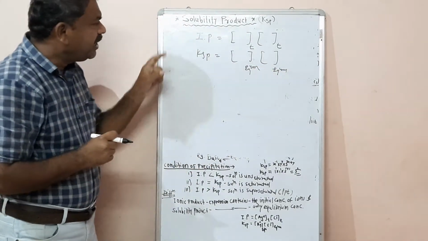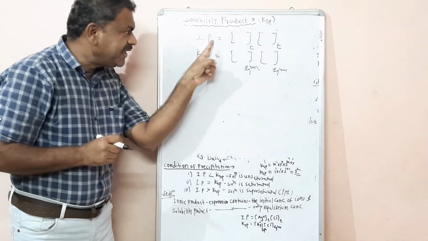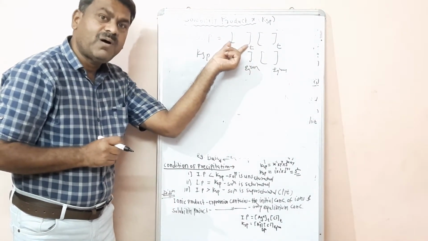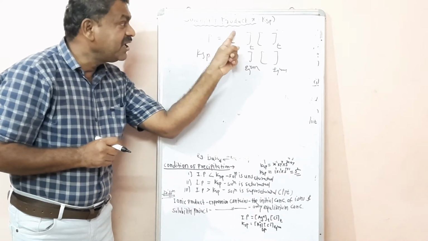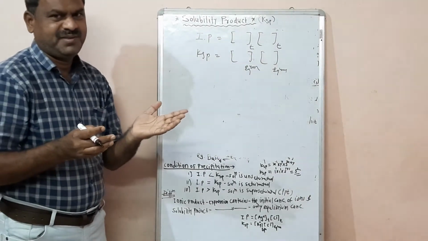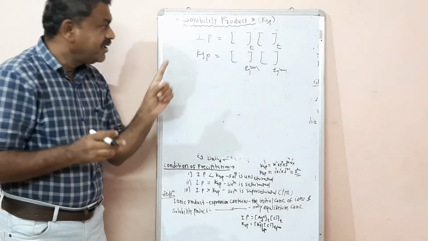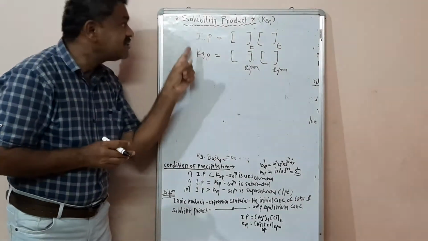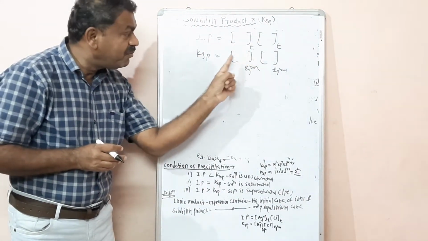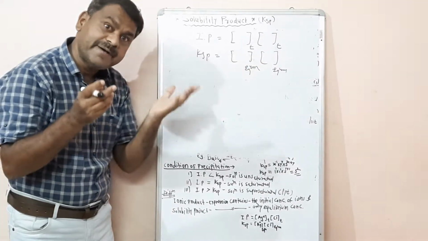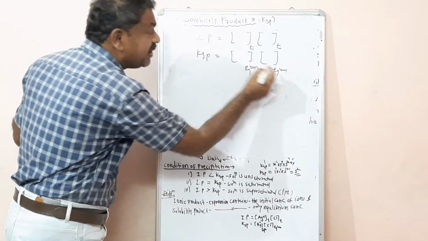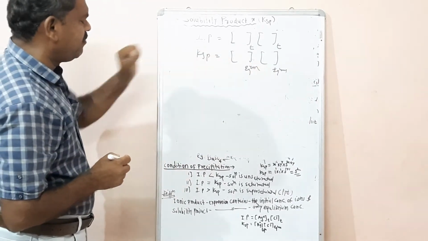It means the ionic product is the product of molar concentrations of the ions at any time, but the solubility product is the product of molar concentrations of ions in the equilibrium condition.